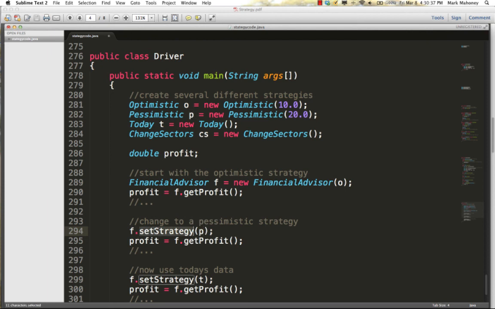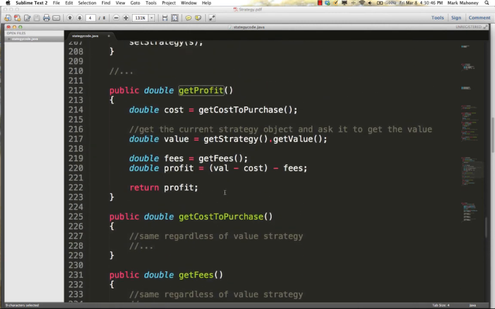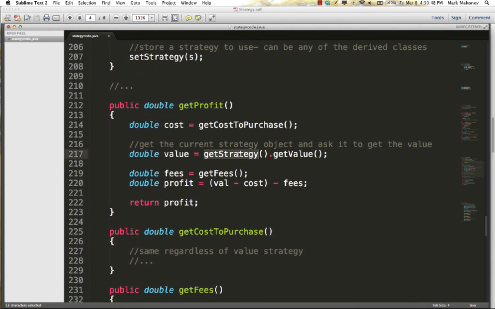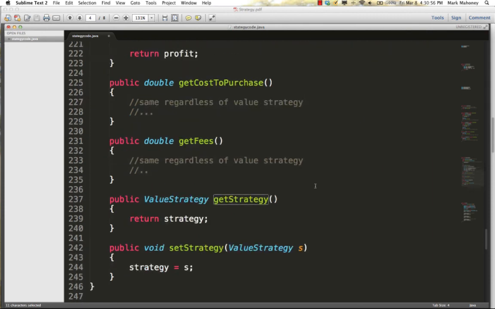That's going to associate this strategy with the FinancialAdvisor. And now when we say f.getProfit, we're going to do the same thing each time, but the strategy now points to a different concrete object. So when we get the value, we're going to decrease the current stocks by 20%.